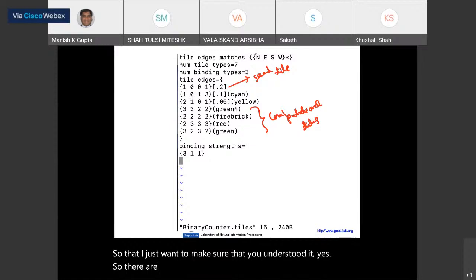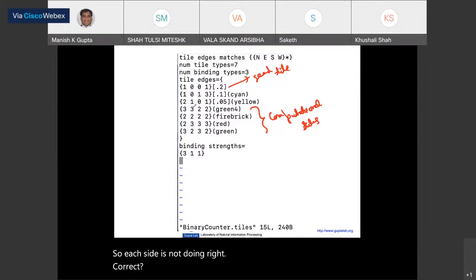You can see that their combination is north, east, south, west. The first one is vertical, and the second one is horizontal. So this is north, this is the east side, this is south, and this is west. So the east side is not growing.